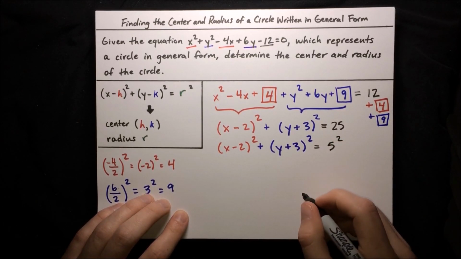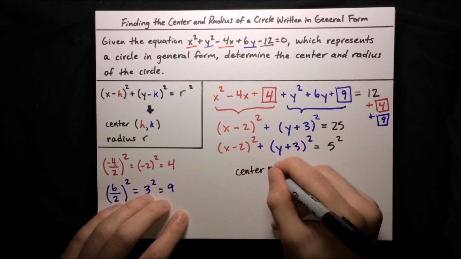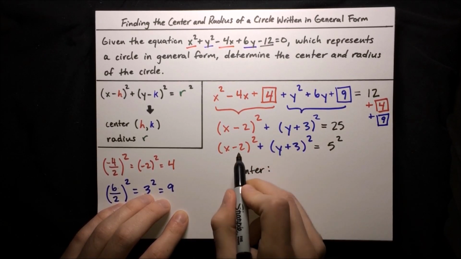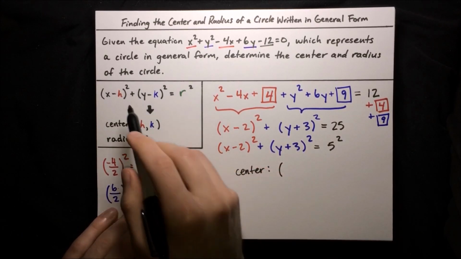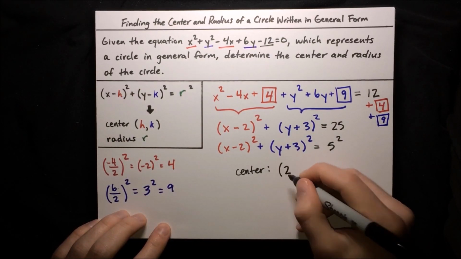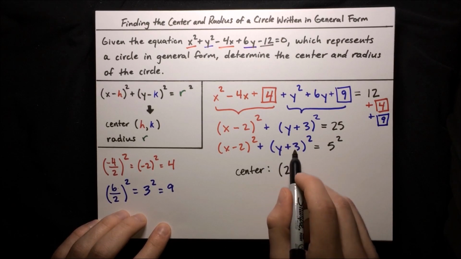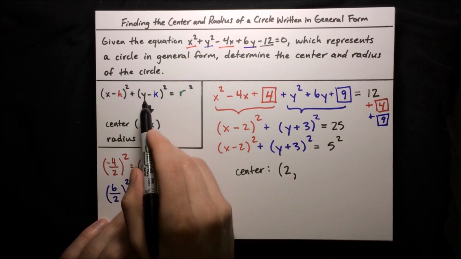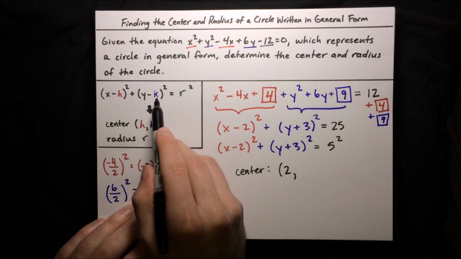So now we can see that the center is just, this is x minus 2, so center is 2, h is 2 here, x minus h, center h. So the center has an x coordinate of 2, and then a y coordinate. Be careful here, this is plus 3. And according to our formula, the center has the y coordinate y minus the y coordinate of the center.